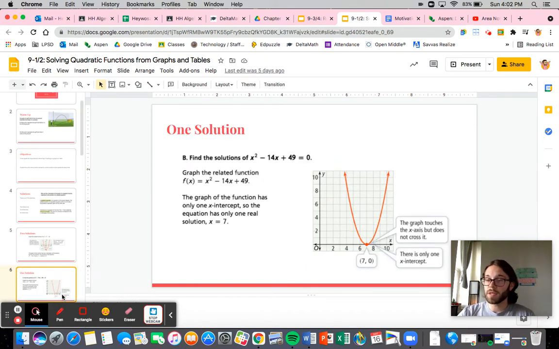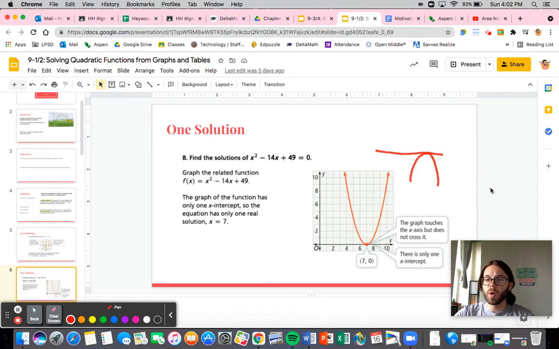For one solution, this is going to be where the vertex is on the actual x-axis, right? So when the vertex is touching the x-axis, or essentially the y value of your vertex is 0, this is only going to have one solution, right? It's going to essentially touch the x-axis and then bounce off and continue in the other direction, right? It could be approaching this way and do that right at the x-axis.